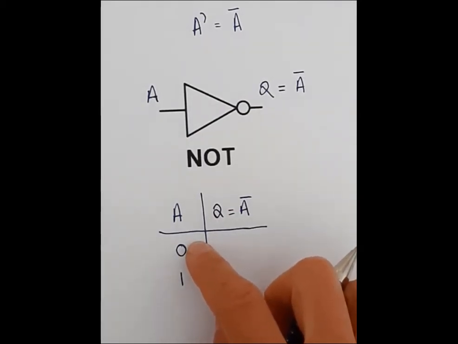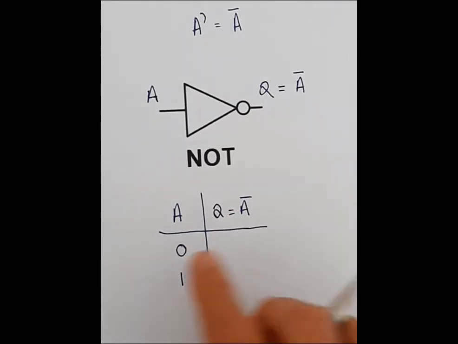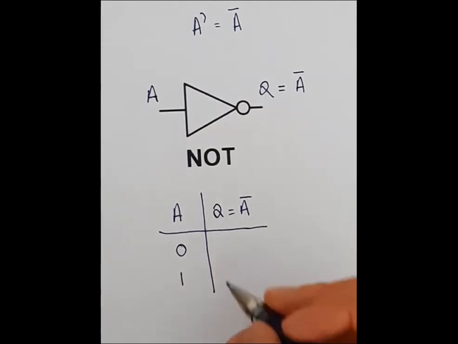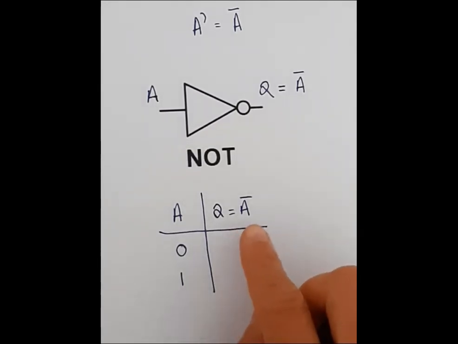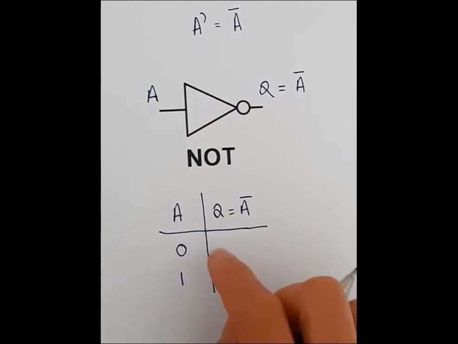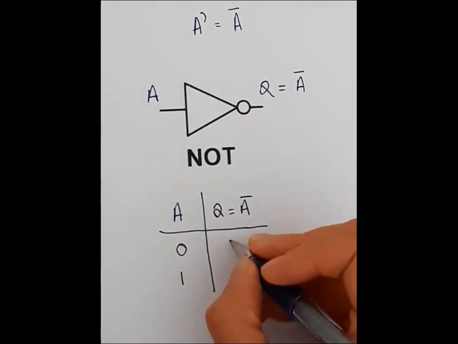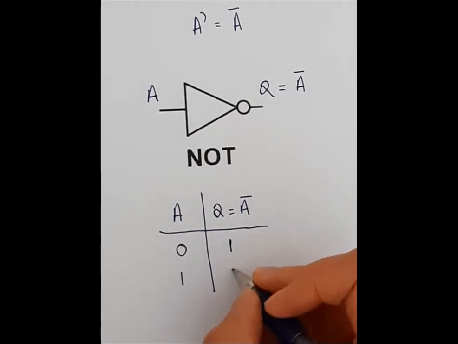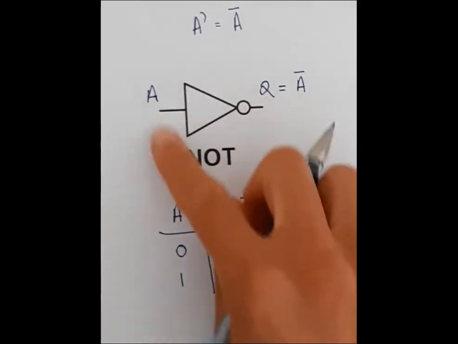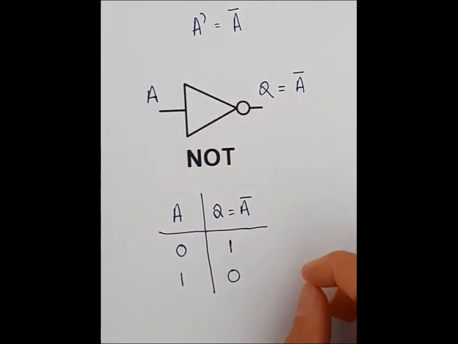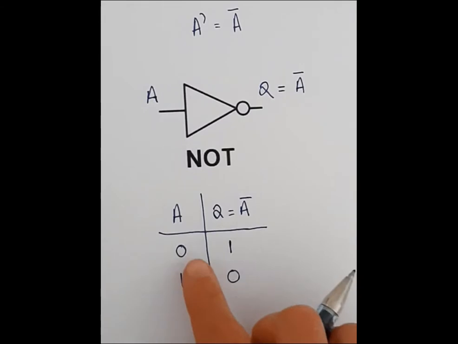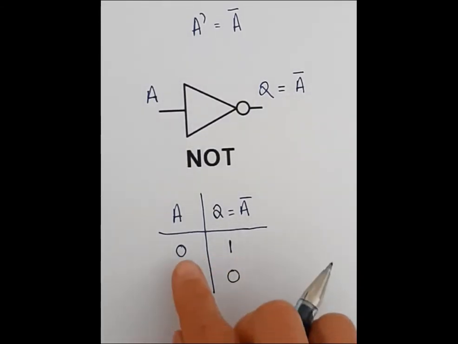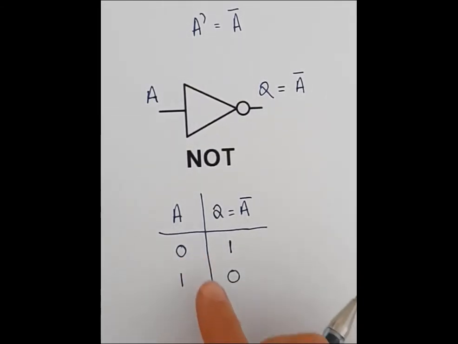So the lowest number always goes first and then the higher number. This is more relevant as we get bigger and bigger truth tables. So if the output is not A, well, if A is 0, then not A must be 1. And if the input is 1, not A must be 0. So basically a NOT gate is also known as an inverter because it inverts the input. So whatever you have coming in, you get the opposite coming out.